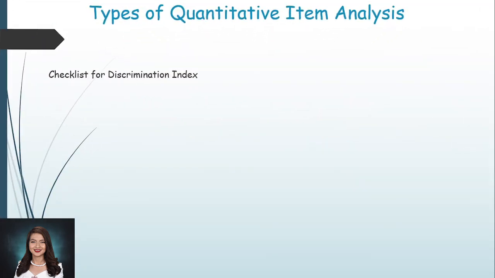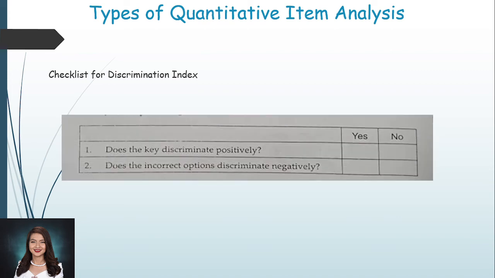We also have a checklist for the discrimination index. It is very important to determine whether the test item will be retained, revised, or rejected. Using the discrimination index, we can identify the non-performing question items. Just always remember that they seldom indicate what the problem is. Use the given checklist below. First question: does the key discriminate positively?